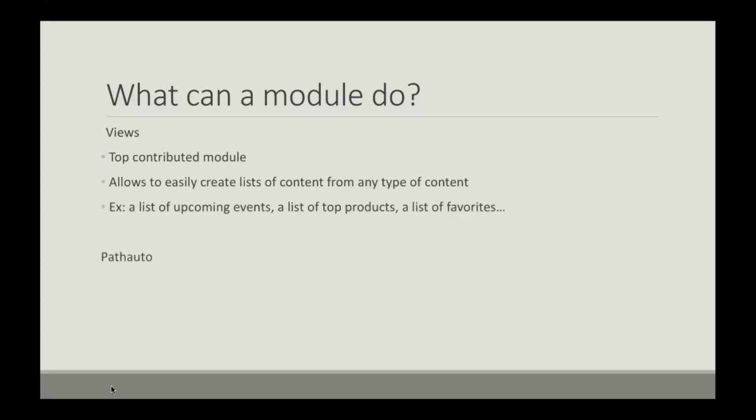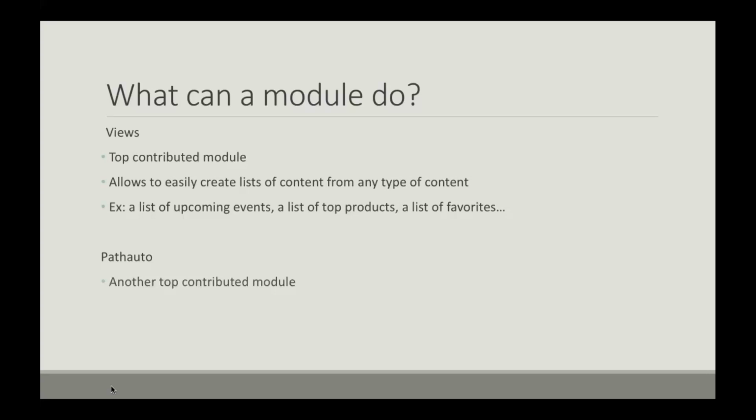Another top contributed module, I think it's third on the list, maybe fourth, is Path Auto. Drupal assigns an ID to every single piece of content that you add to the system. That ID is used for the URL path. So any piece of content that you add to the system you can access by going to yoursite.com/node/ID number.